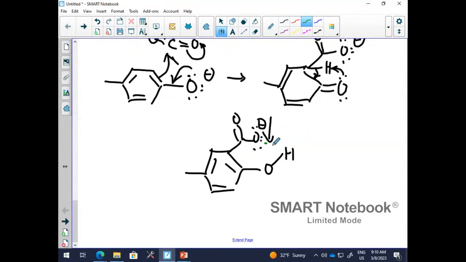This one is stabilized by the intramolecular hydrogen bond.